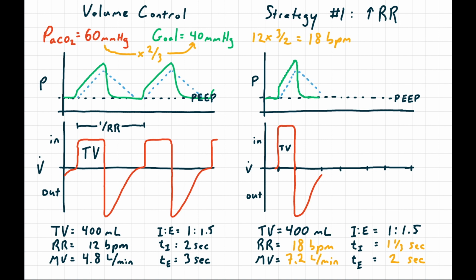And now we start to see a problem. We reach the end of our expiratory time, the ventilator is about to trigger the next breath, and we haven't completed expiration. And you probably remember from Lecture 2 that this will result in auto-PEEP. So this is our first complication or trade-off when it comes to increasing ventilation, auto-PEEP.